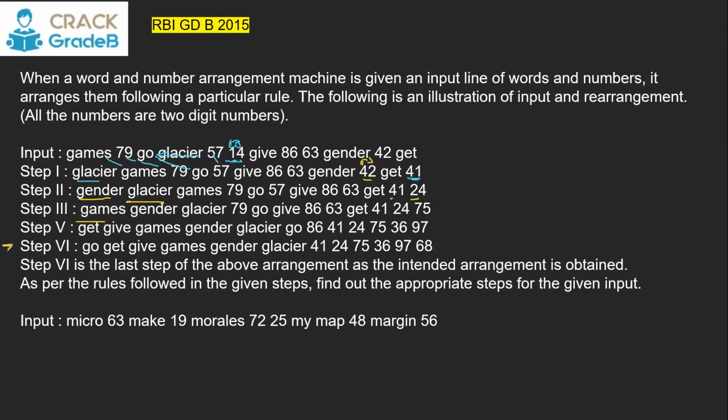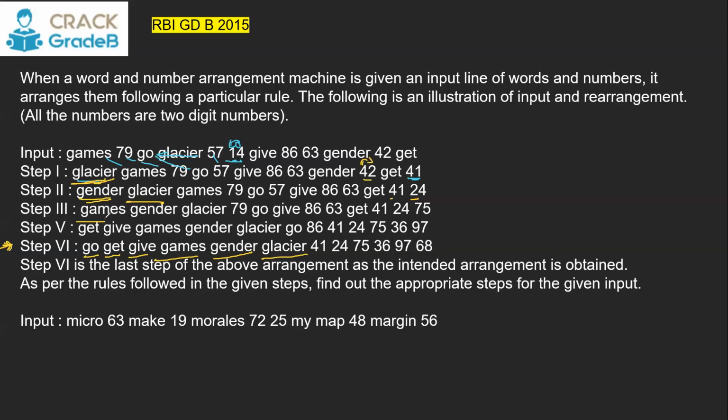And then observe the last step. The last step tells you the pattern. So the pattern is the smallest word first, then the bigger word, 4-letter word, 5-letter word, 6-letter word, and 7-letter. So basically, the glacier came in first place because that was the biggest word. So the biggest word comes, then the smaller word, then the smaller word, and so on.